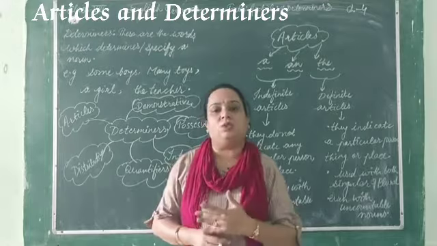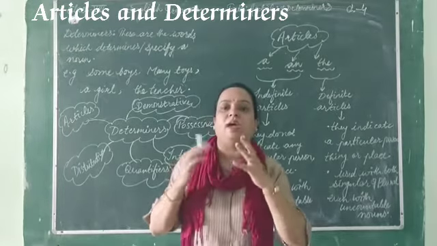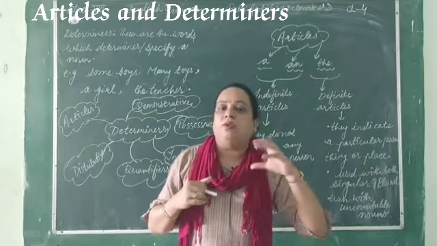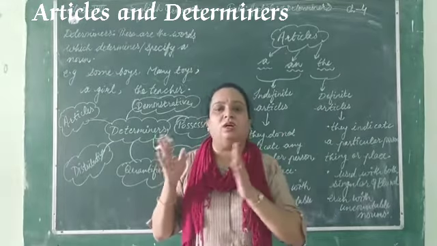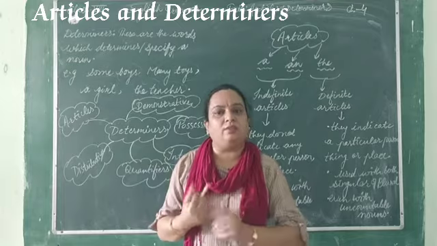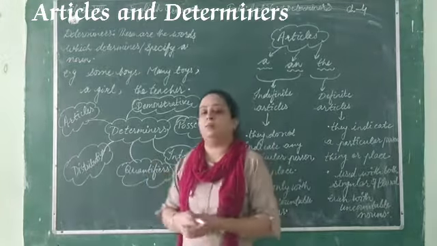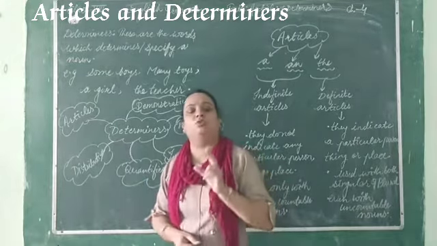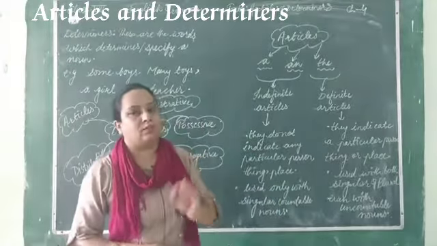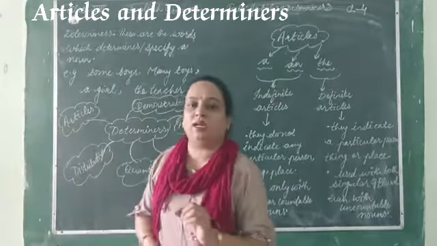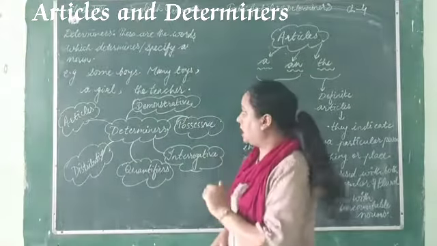But there are some basic rules about where we have to put a, where we have to put an, and where we have to put the, right? A and an are quite easy, but the rules for the use of the are quite long. So we have to study that in this chapter. When we talk about article determiners, that is a, an and the, they are further divided into two parts, that is definite articles and indefinite articles. I'll tell you about that afterwards in detail.